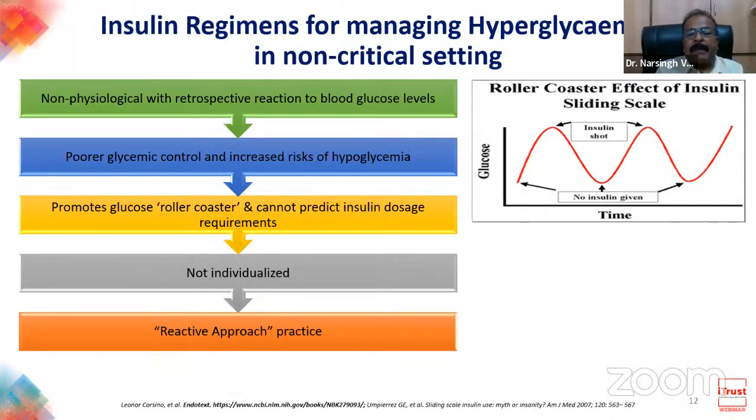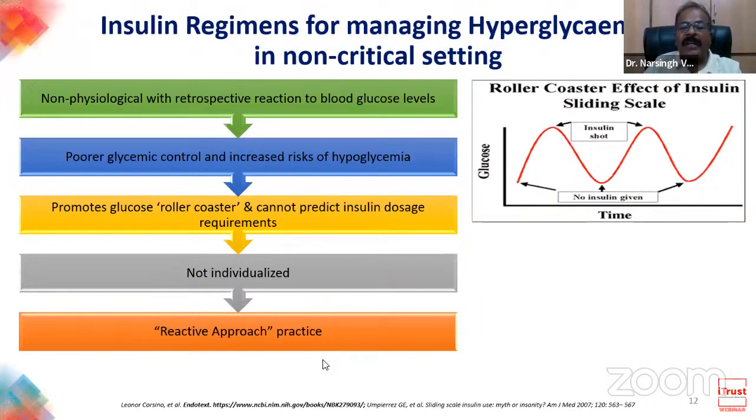Insulin regimens for managing hyperglycemia in non-critically ill patients. Here the sliding scale is non-physiological, with a retrospective reaction to blood glucose levels. It leads to poor glycemic control and increased risk of hypoglycemia, promotes a glucose roller coaster, and cannot predict insulin dose requirements. So it is not individualized, it is a reactive approach.